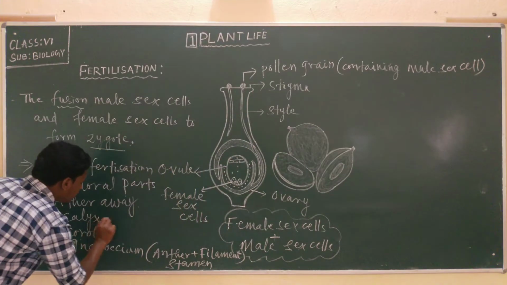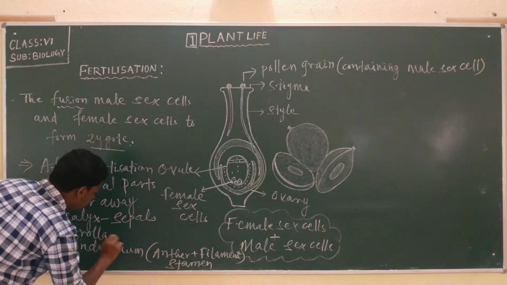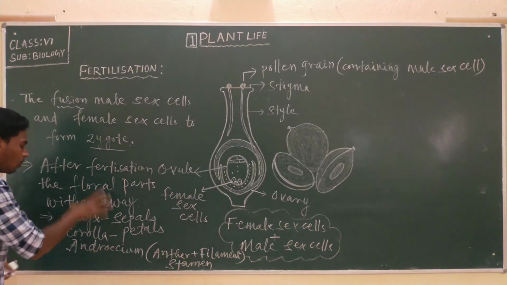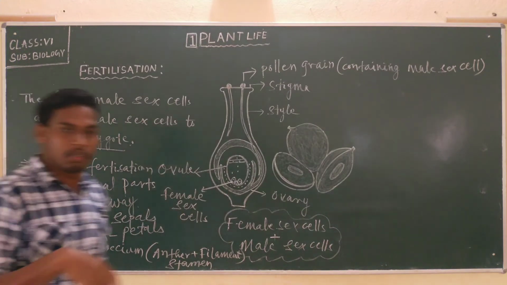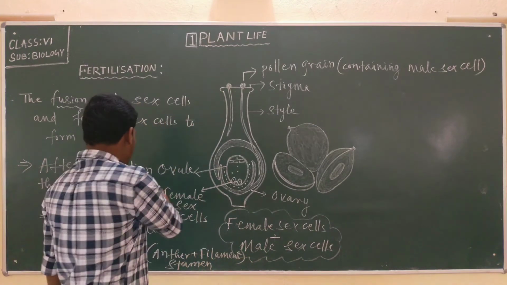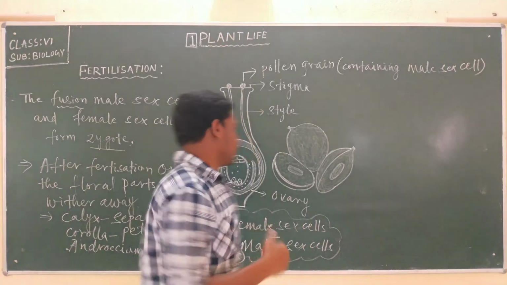The calyx is the sepals. The corolla is the petals. All these floral parts are going to fall off or wither away after fertilization. Then what happens here?